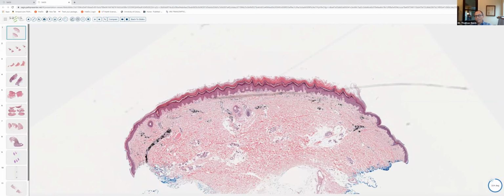There's really no granular layer, so we get this abrupt keratinization with no interposition of a granular layer. Got a few dilated vessels within the underlying lamina propria, and we've got all this skeletal muscle down here in the dermis or lamina propria as well. And this is from the labial mucosa with the skeletal muscle and mucosal epithelium.